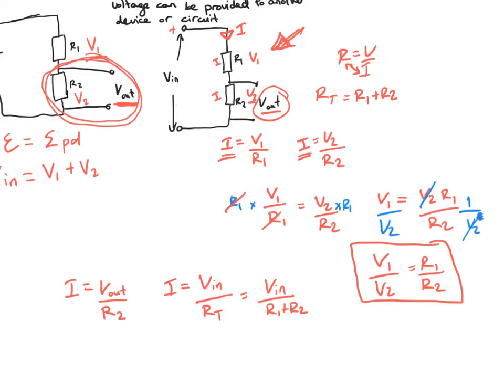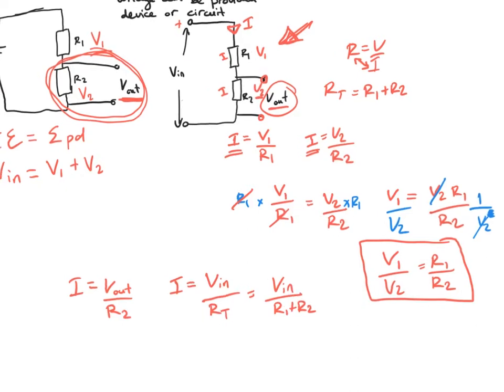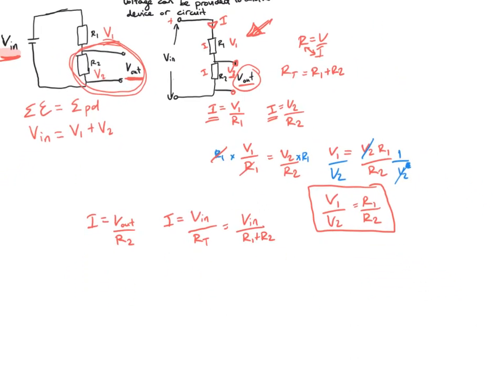The reason I'm proving this equation is because sometimes people confuse which resistor to use in the potential divider equation, and this is to avoid that confusion. So it's easier to work it out yourselves. So I will equate these two current expressions. That will be V out over R2 is equal to V in over R1 plus R2.